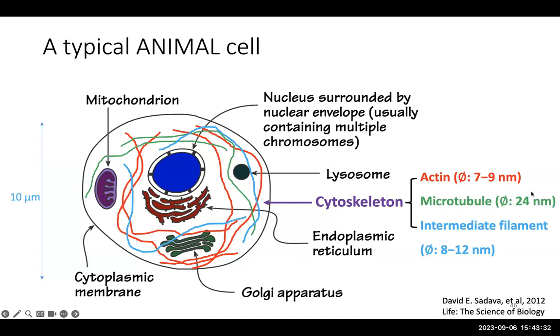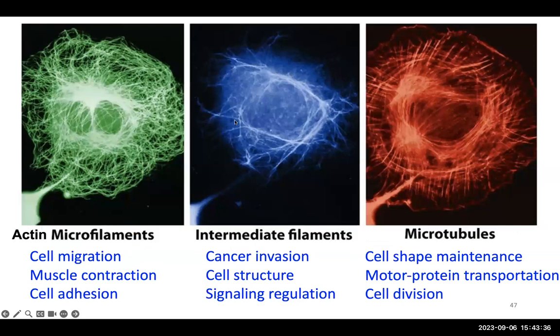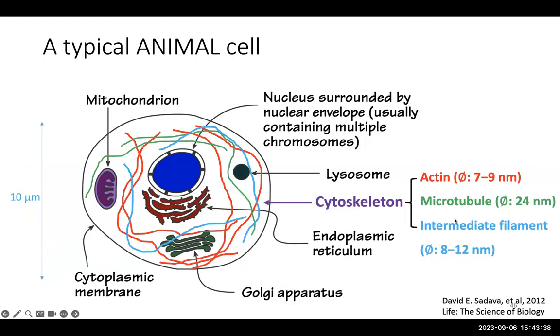And are these all made out of the same material? Not the same material. Excellent question. They are made of different proteins, different protein monomers, and then those monomers connected together, polymerized together to be the entire filament.